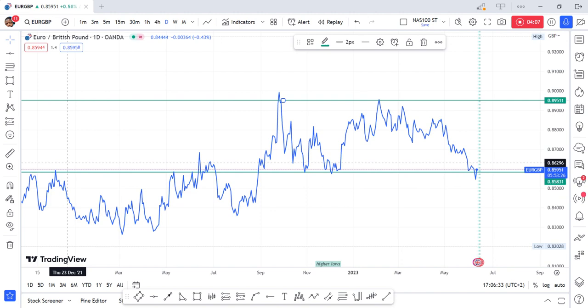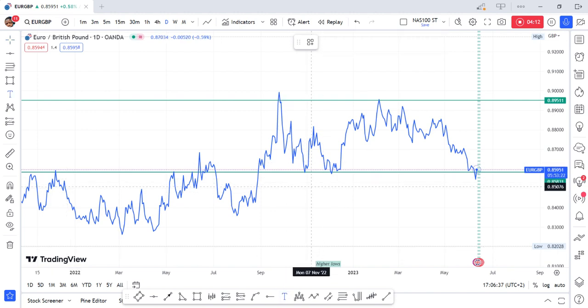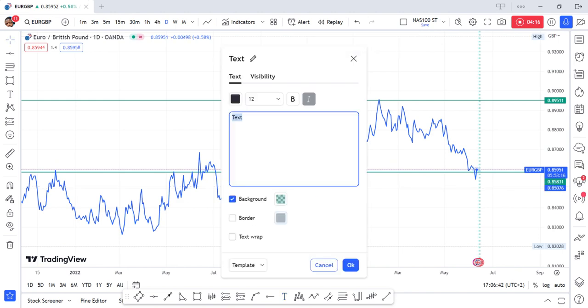The way we analyze, we always write down in order to understand what we are doing. Here, because there is a horizontal line, we can write horizontal line.